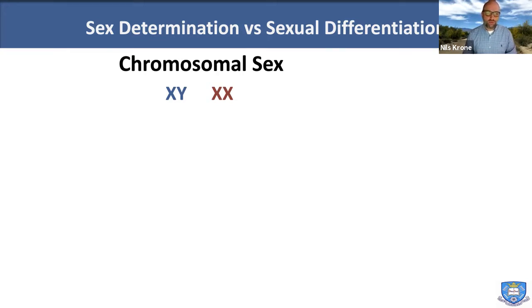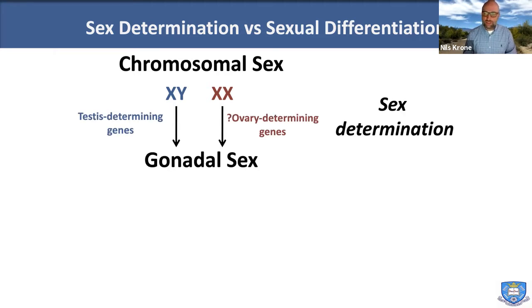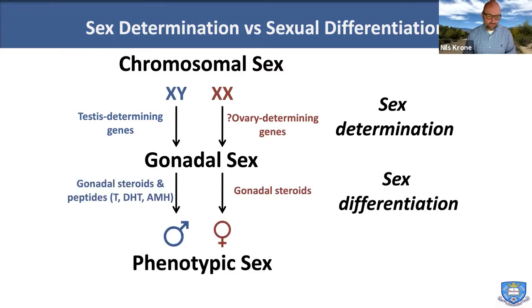Because we have this chromosomal sex with 46XY and XX, and as a next step in sex determination, the development of the gonadal sex due to testis determining genes, or testis suppressing genes, probably less ovarian determining genes, and then developing a phenotypic sex.